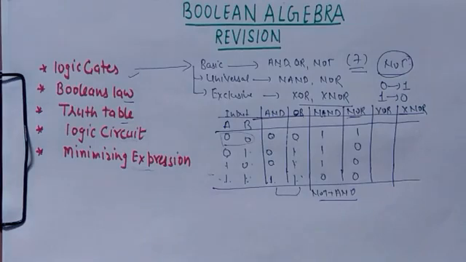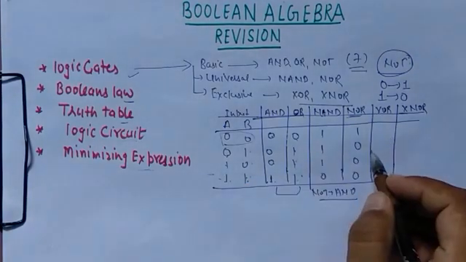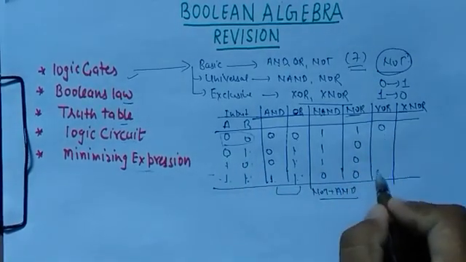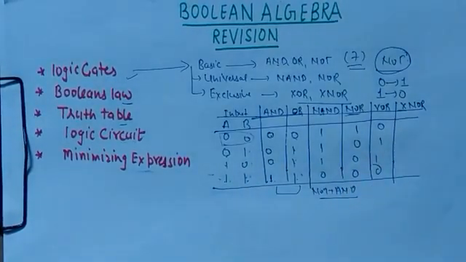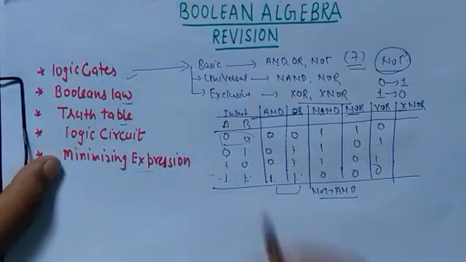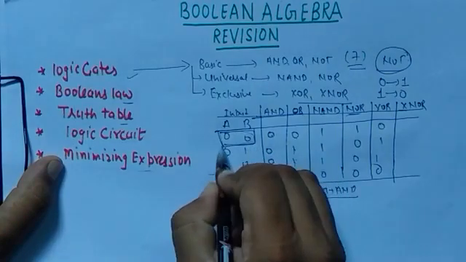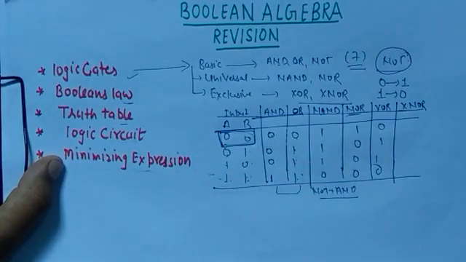Now XOR gate gives output 1. What will be the output of XOR gate? In the same input, output will be 0. Here you can see input is 0 0. In both cases input is the same.